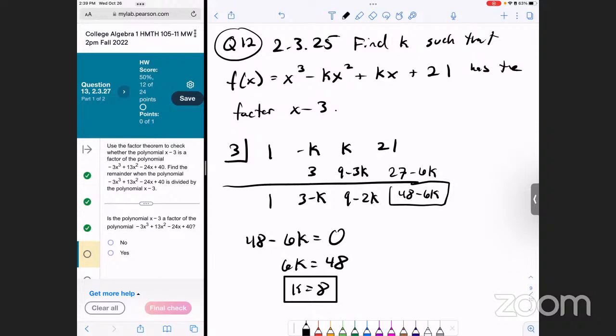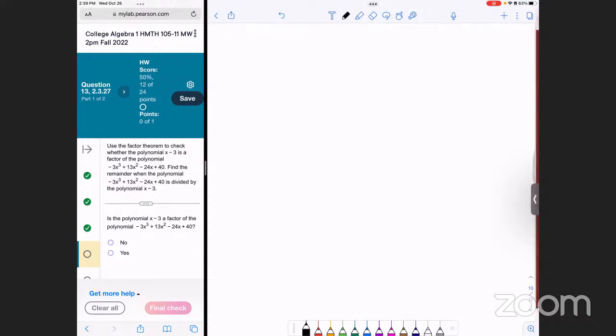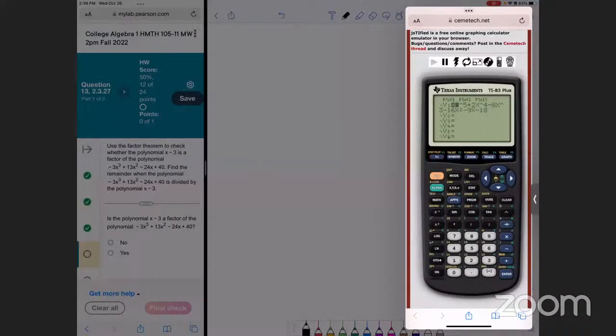So I think I'm just going to do this in my calculator. Let me kind of clear out the space. So if I go to my y equals, we have negative 3x to the power of 3, plus 13x squared, minus 24x, and then plus 40, okay.